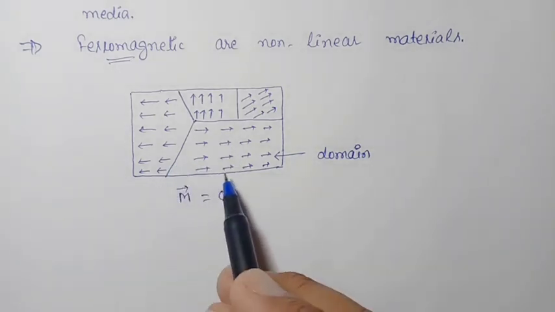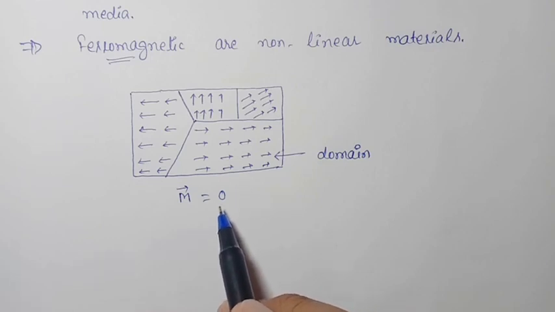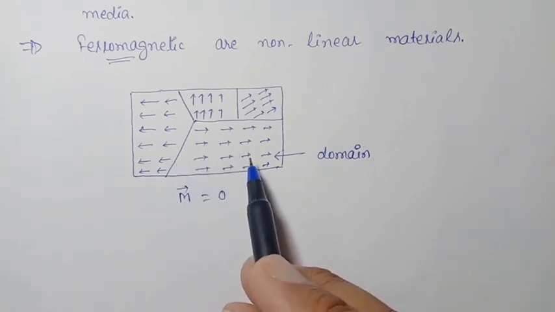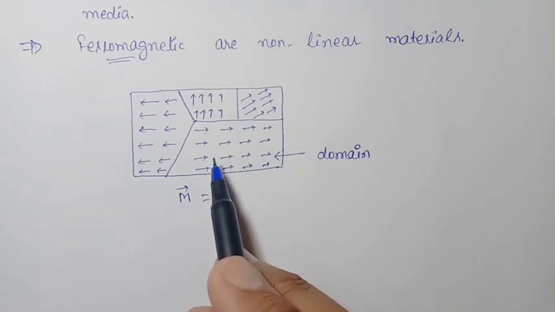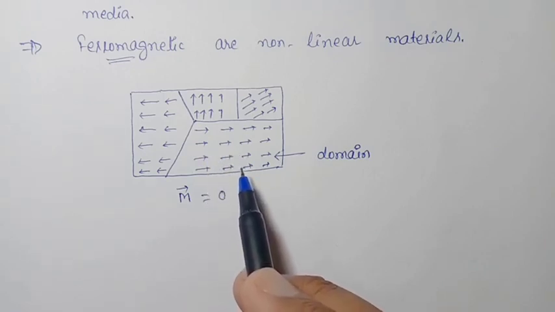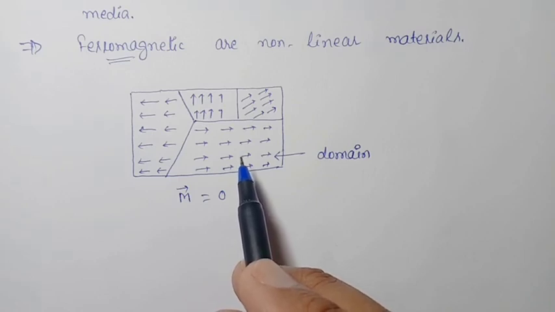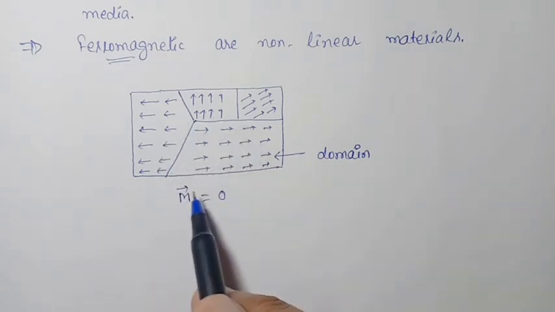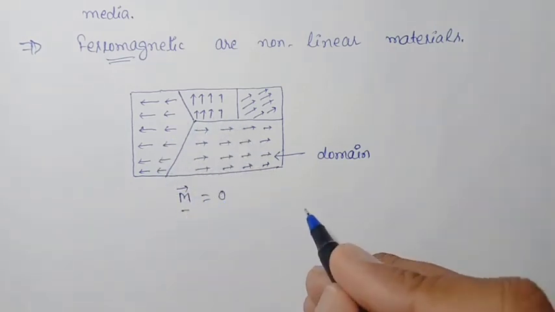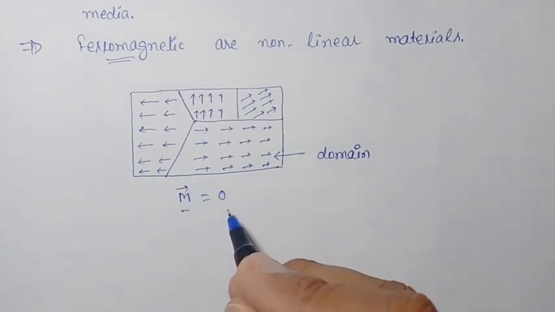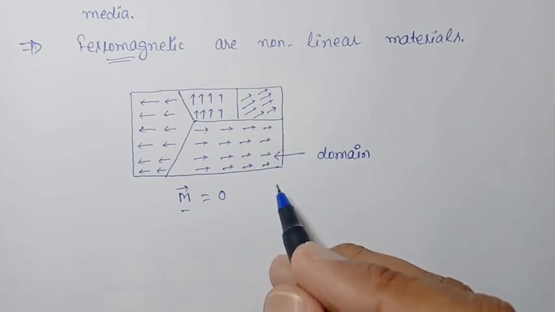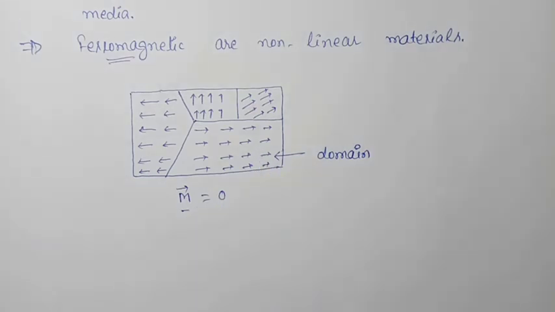So in the absence of a magnetic field, the net magnetization is equal to 0. When we apply the magnetic field, the dipoles and domains try to orient in the direction of the field, but they follow non-linear behavior, because magnetization is not proportional to the field. Due to this reason, we call these materials non-linear materials.